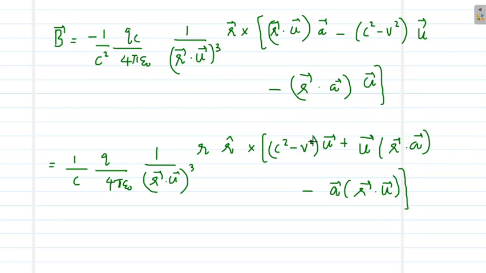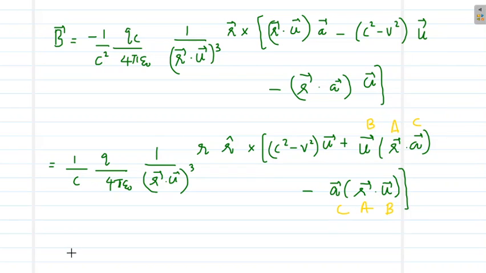So now in the last two terms we can see a BAC-CAB rule here. If we take r bar as a, u bar as b and a bar as c, this is simply the BAC-CAB rule that is being applied here.